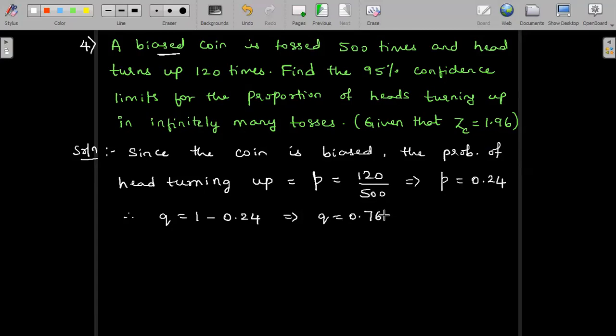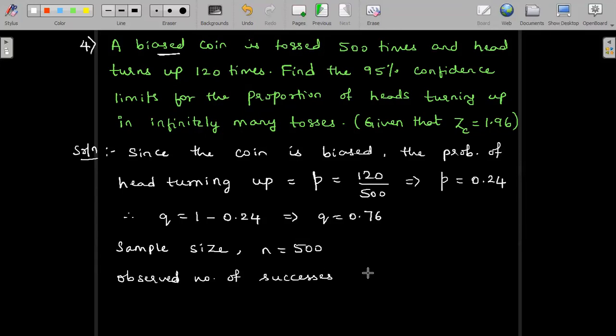The sample size N is equal to 500 because the coin is tossed 500 times. So that is why sample size N is equal to 500, and the observed number of successes X is equal to 120.